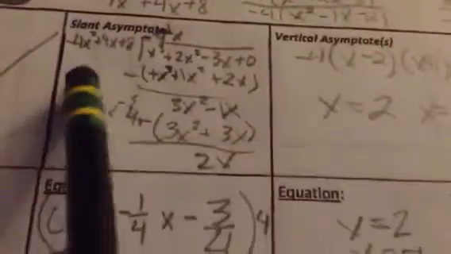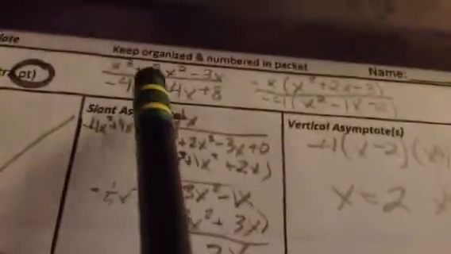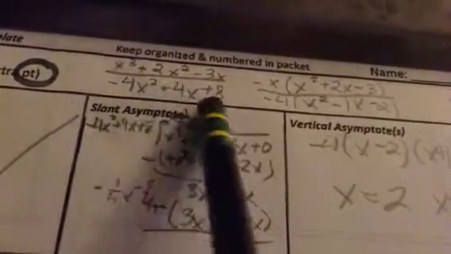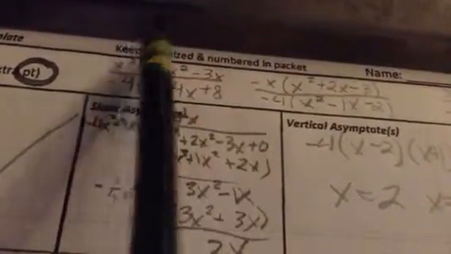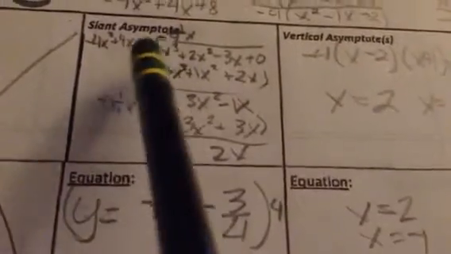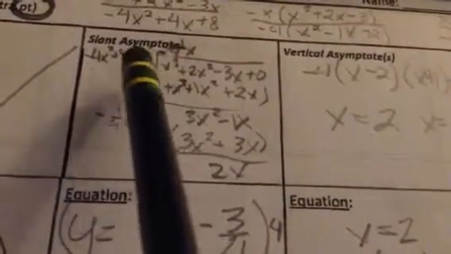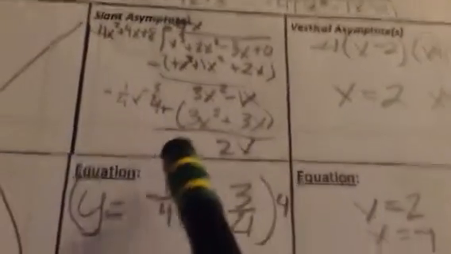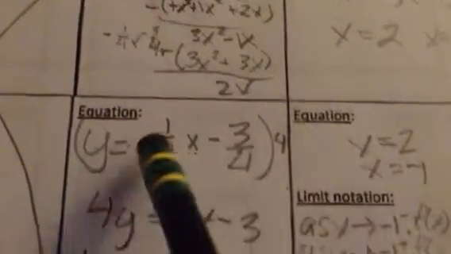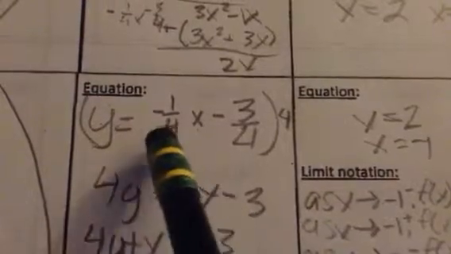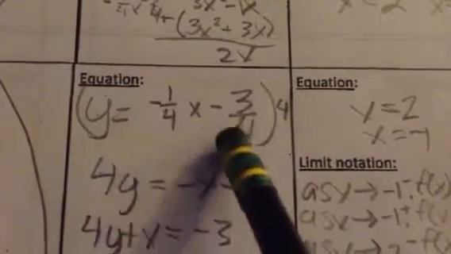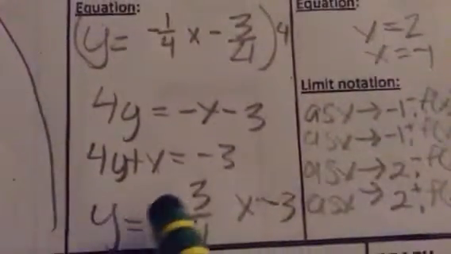Then, as you see here, we do not have a horizontal asymptote, so instead we have a slant asymptote, which we got by dividing the whole equation on the bottom by the one on the top, and you should get this answer right here, and you get this equation, negative 1/4 x minus 3/4 or 4. And I did all my work here.